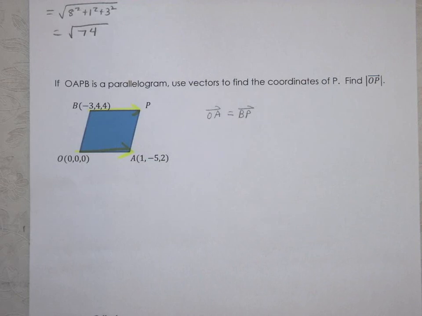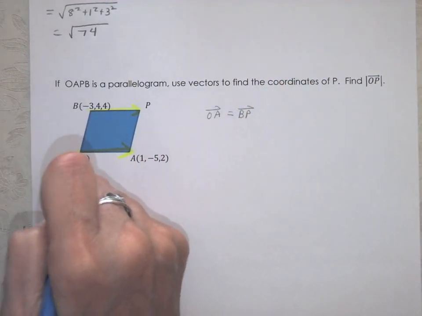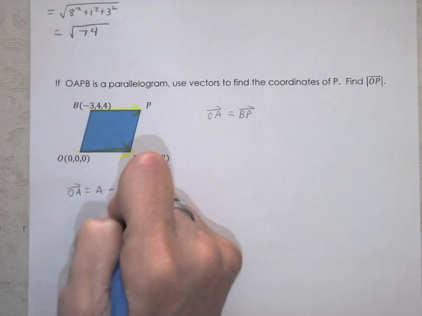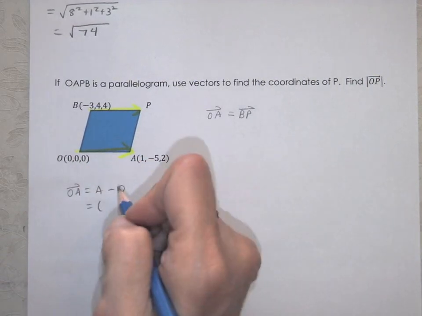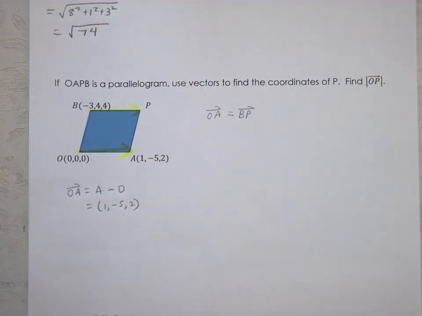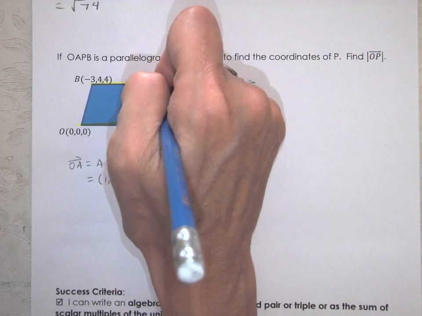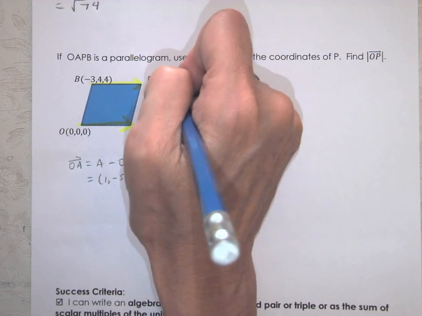Well, we can find vector OA by doing A minus O. So vector OA is going to be A minus O, which is, because we're subtracting 0, just 1, negative 5, 2. Vector BP, though, we don't know the coordinates of P, so we could say that they're x, y, and z.